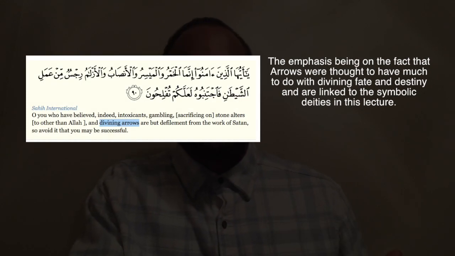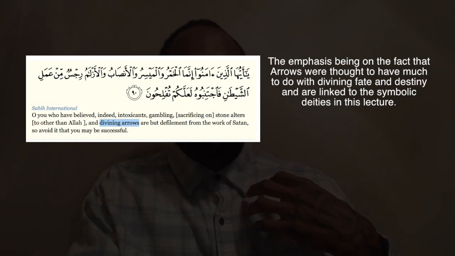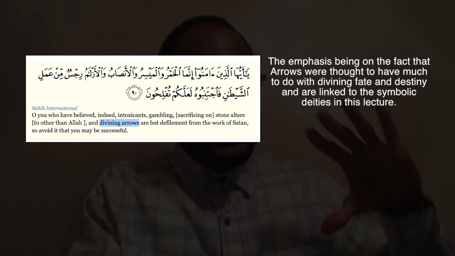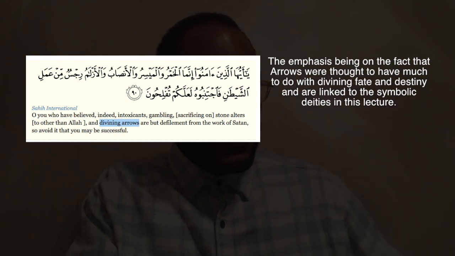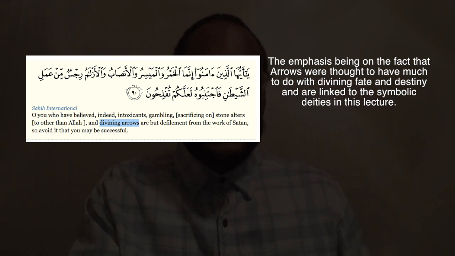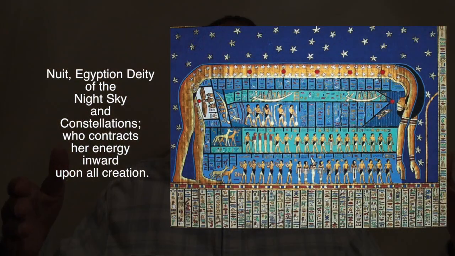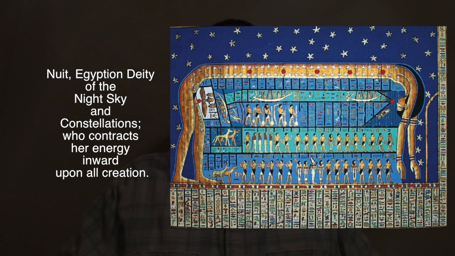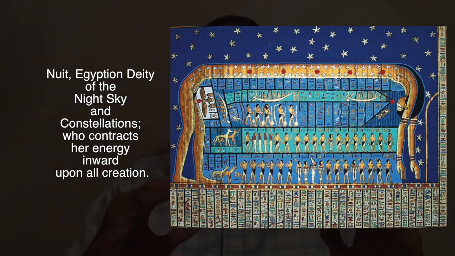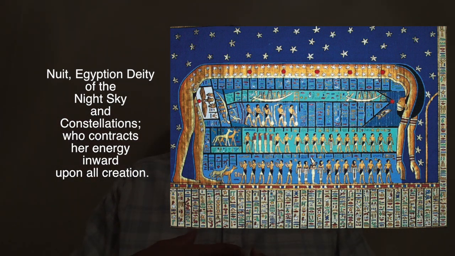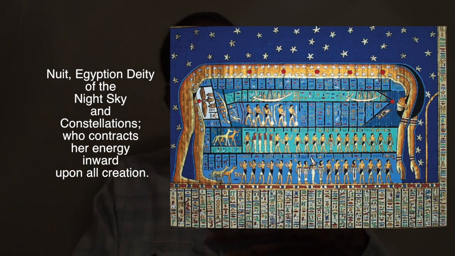And what do symbols do as far as the impulsion and the compulsion that you feel inside, the influence from Nuit, the Egyptian Nuit, the mother who is the vault of heaven, who has the stars on her, and her energy is pushing in on the consciousness and on the objects, if you will, of the universe, and creating fate through the symbolic aspects of the zodiac, right?